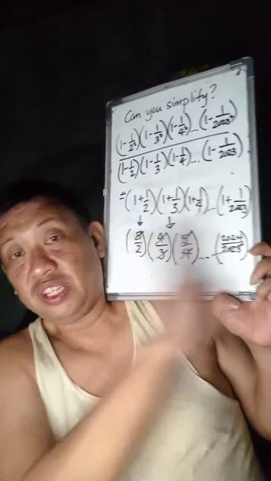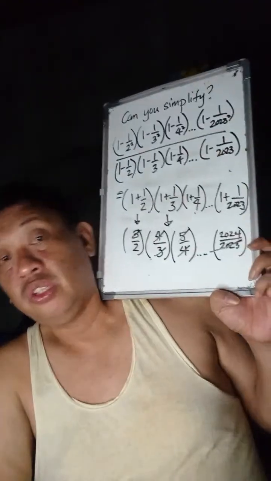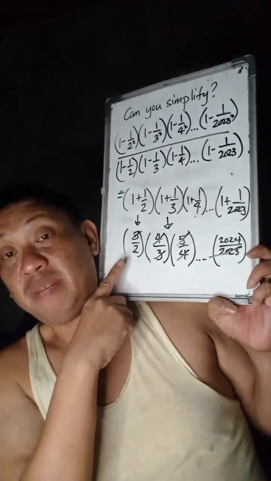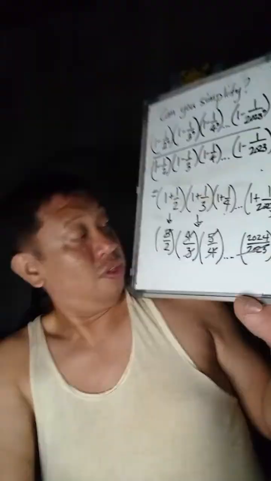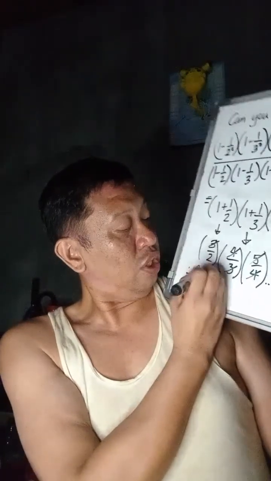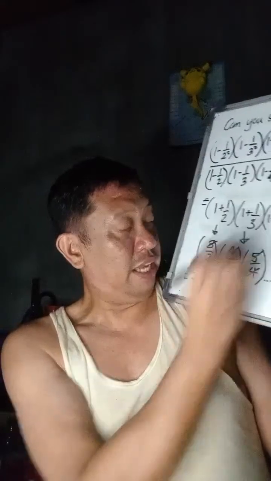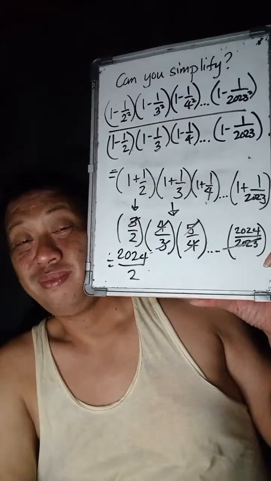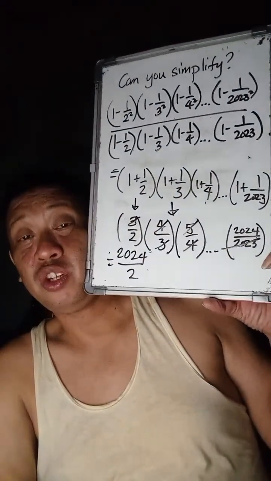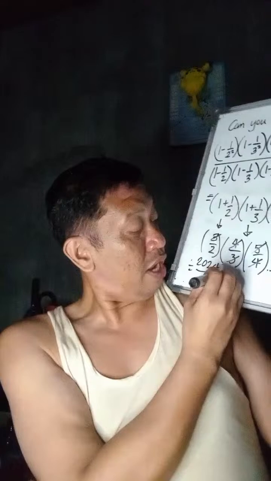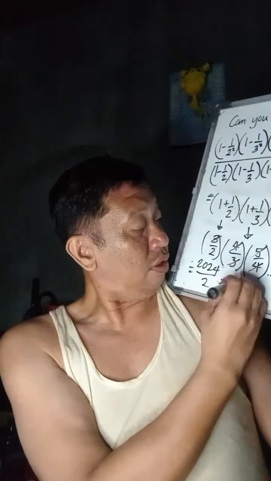Since everything in the middle is cancelled out, all that remains is the numerator at the end and the denominator at the beginning. So this is basically 2024 divided by 2. Ingenious, right? Since 2024 is an even number, we can divide it by 2. So the final answer will be 1012.